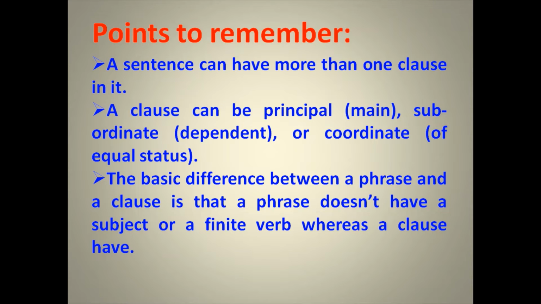This is the only basic difference. Why does a clause have a subject and a finite verb? Because it gives a sense, it gives a meaning. Whereas a phrase doesn't give any sense or meaning. That's why it doesn't need a subject and finite verb.